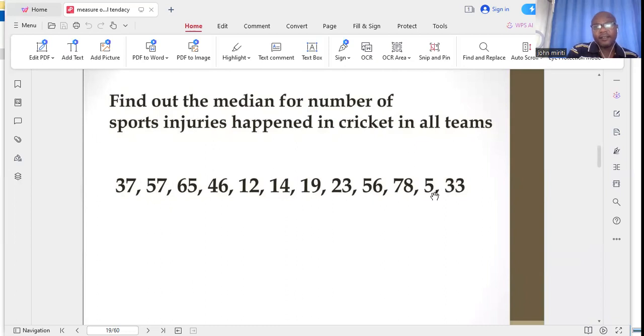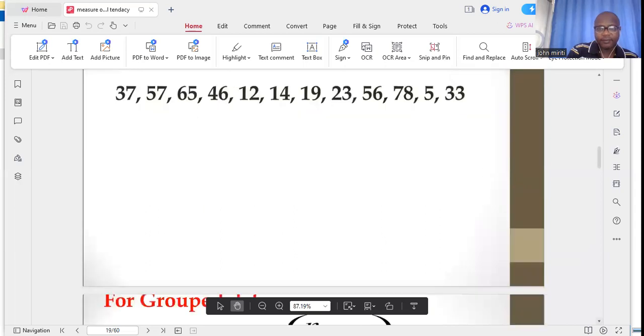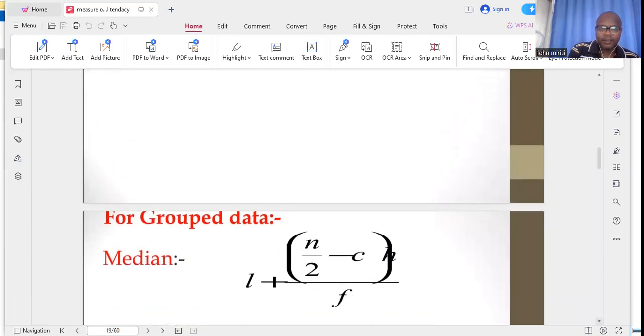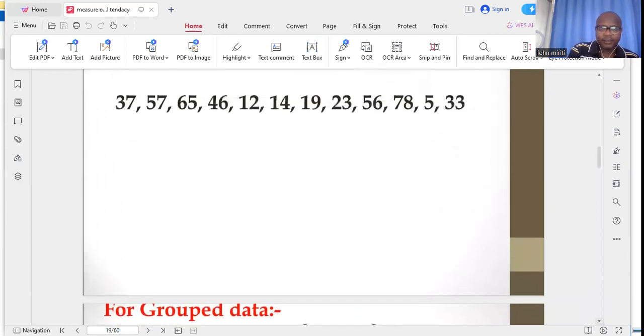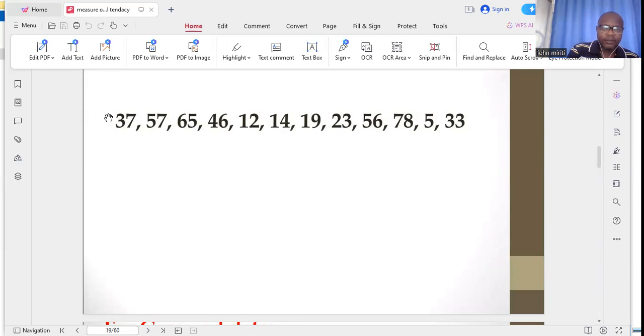In this case, you have to arrange this data in either ascending or descending order. Then if you look at the middle, there are 1, 2, 3, 4, 5, 6, 7, 8, 9, 10, 11, 12.